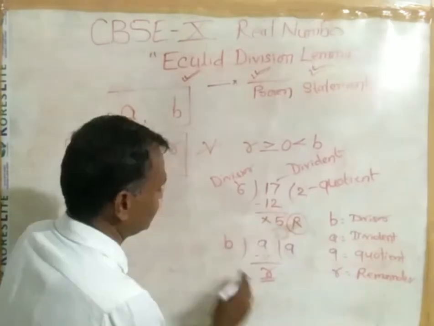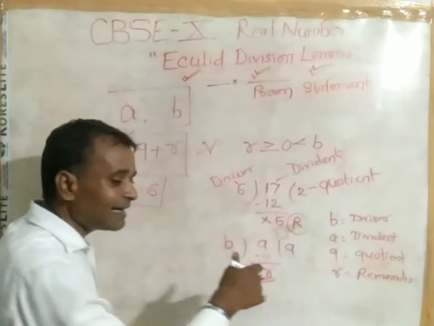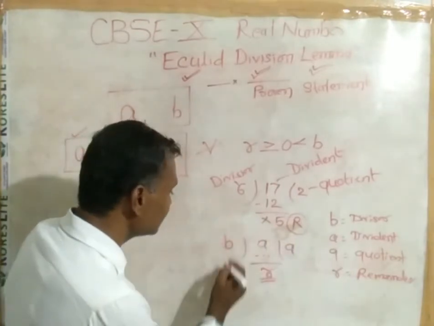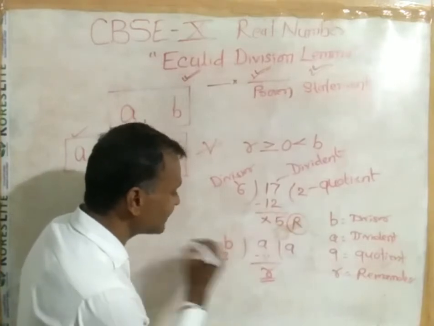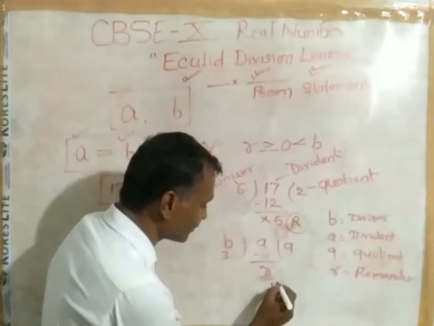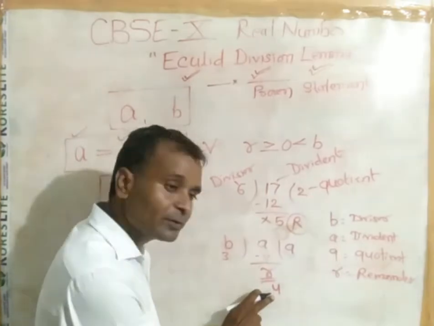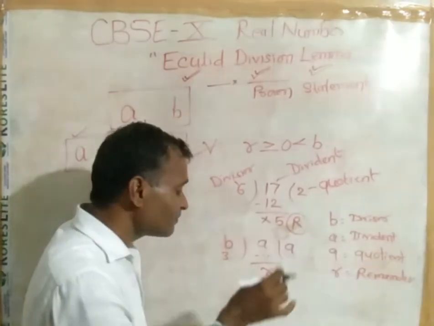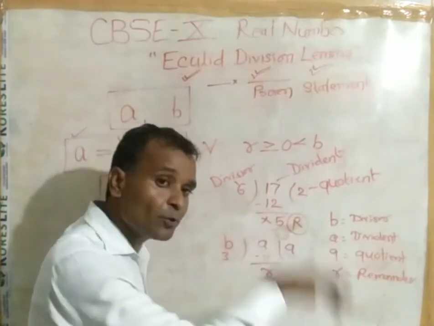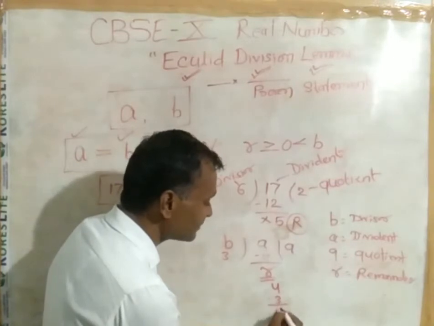Okay, prove it. If we take it greater than b, for example, if we have b equal to 3 and in any question we got remainder 4, we can divide 4 one more time.